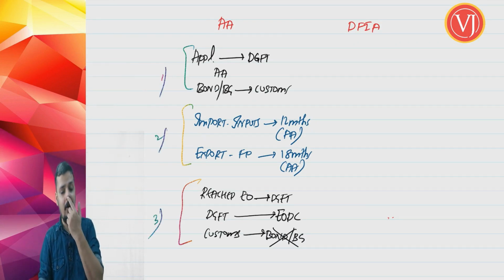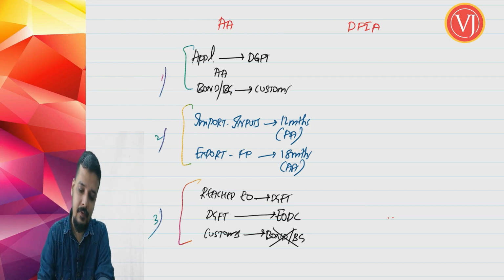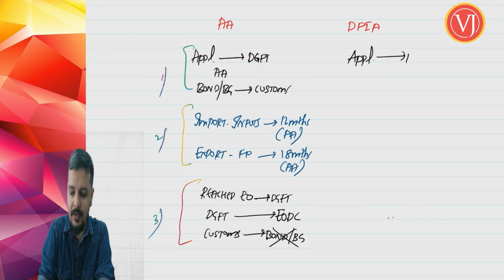Your duty free import authorization works in a different way. First you make an application for your duty free import authorization before export. So the first step is the same: application for duty free import authorization to DGFT before exports, right? You get an online file number. Then friends, you have to make exports within 12 months of that application.